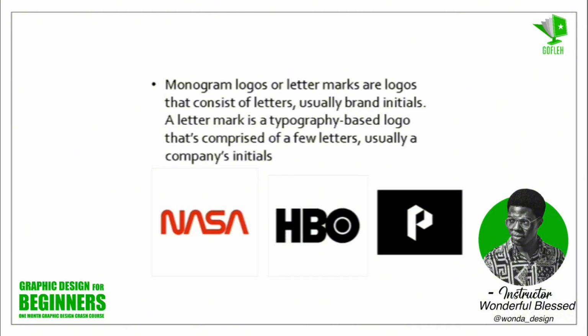You can't start using Pineapple Hot Summer to do a logo. It's a very long name, so you can shorten it by using a monogram. Just use the letter P or maybe PHS for Pineapple Hot Summer. So that is the idea of a monogram logo.